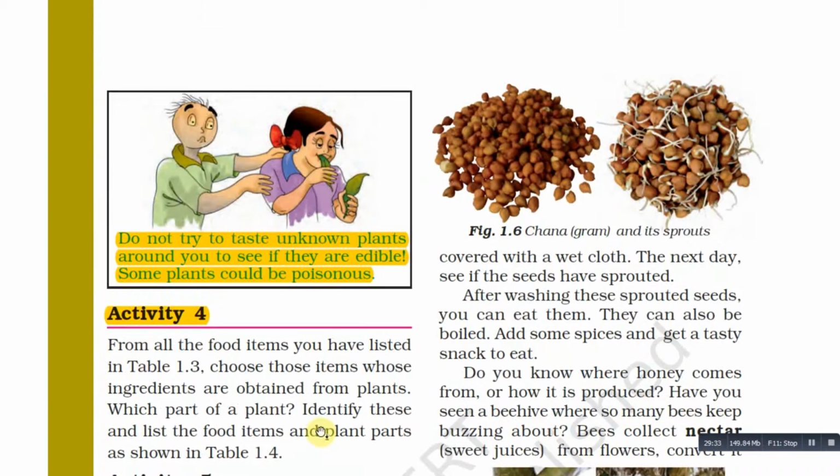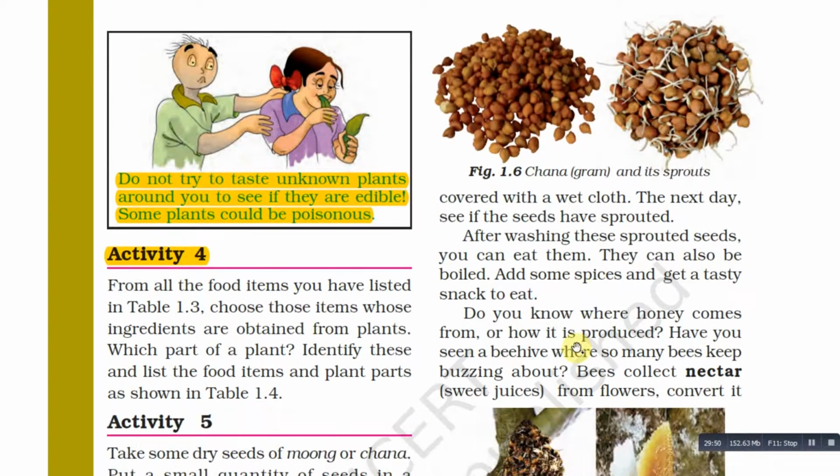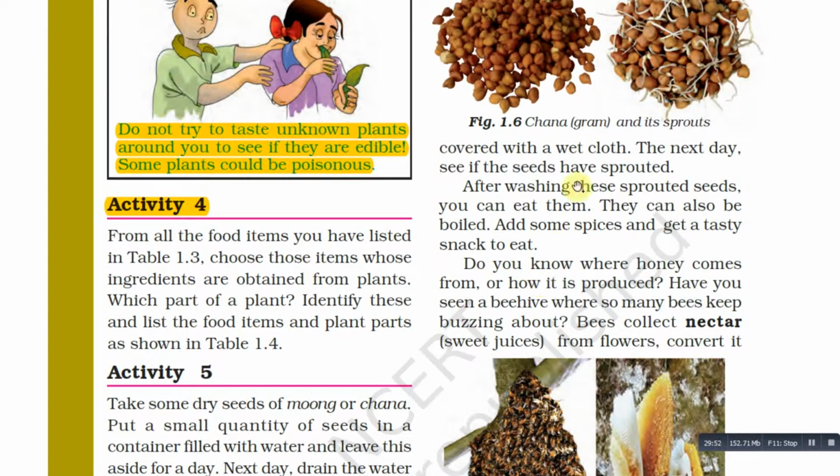Then cover with a wet cloth. The next day, see if the seeds have sprouted. After washing the sprouted seeds, you can eat them. They can also be boiled, add some spices and get a tasty snack to eat. Now, this is one activity you can do at your home.